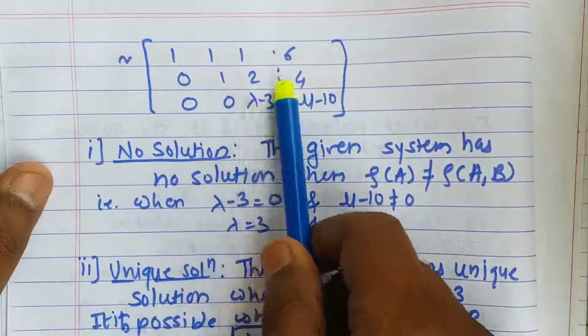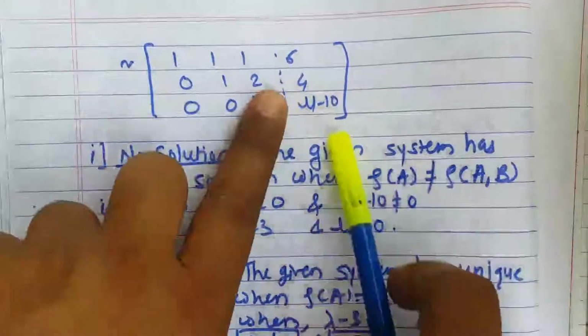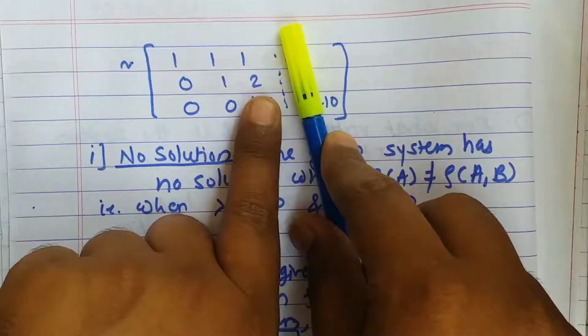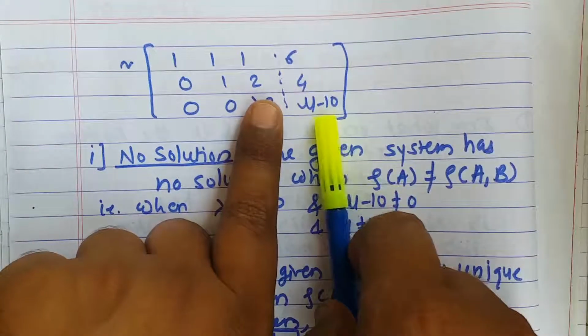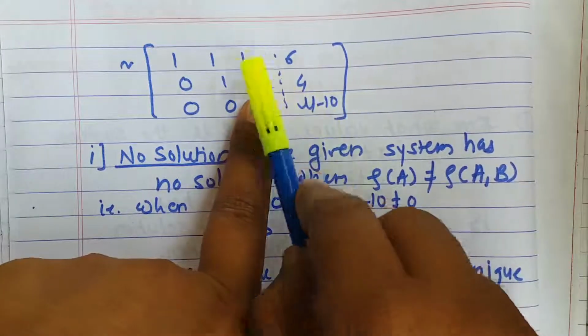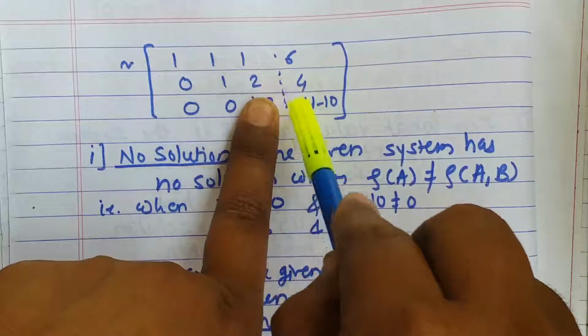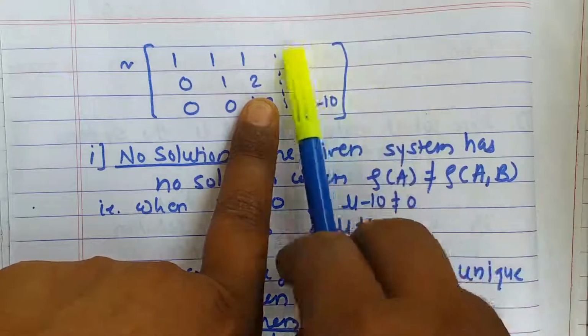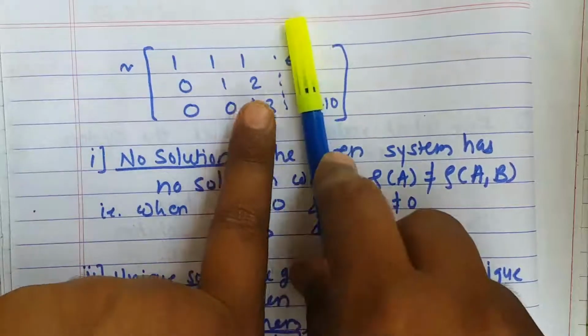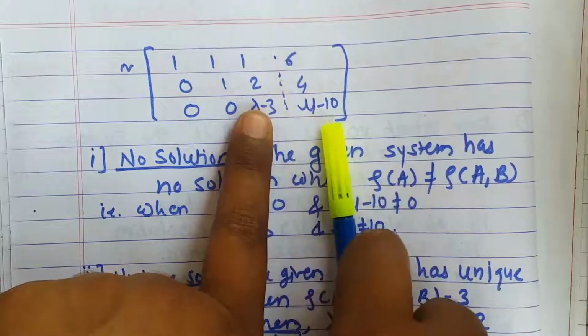If lambda minus 3 is 0, the rank of A will become 2, and since mu minus 10 is not equal to 0, the number of non-zero rows for AB will be 3, so the rank of AB will be 3.